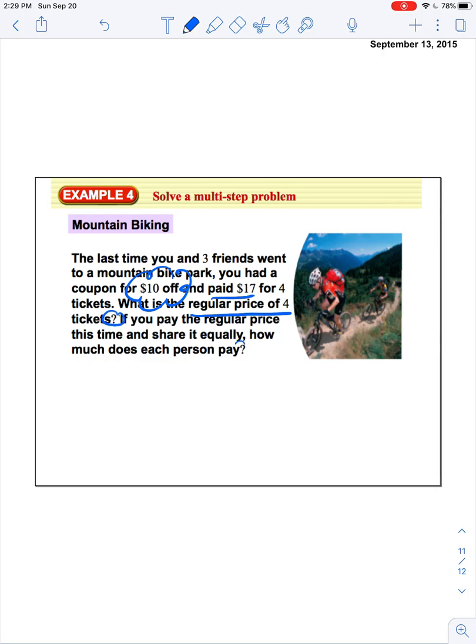Let's take one question at a time because we've got a couple different questions. So we were looking for the regular price. So let's have P equal our regular price. If I think backwards, the regular price minus my $10 coupon landed me at a $17 charge for the 4 tickets.